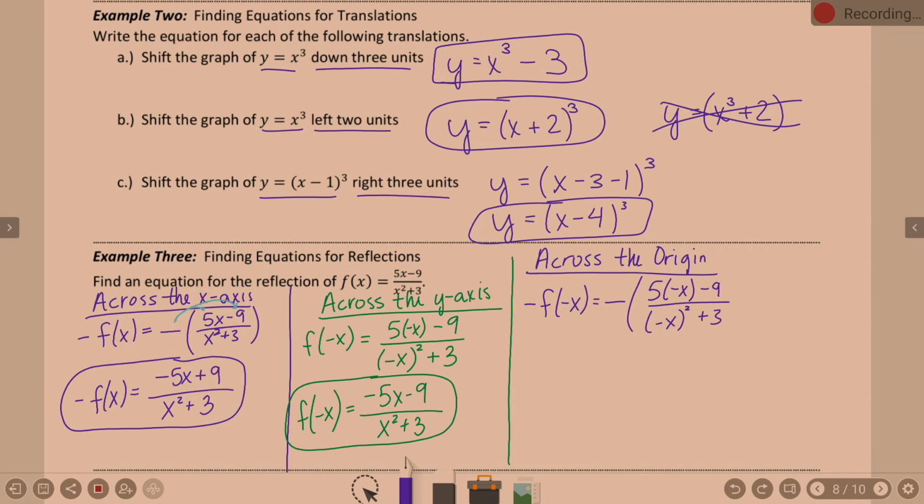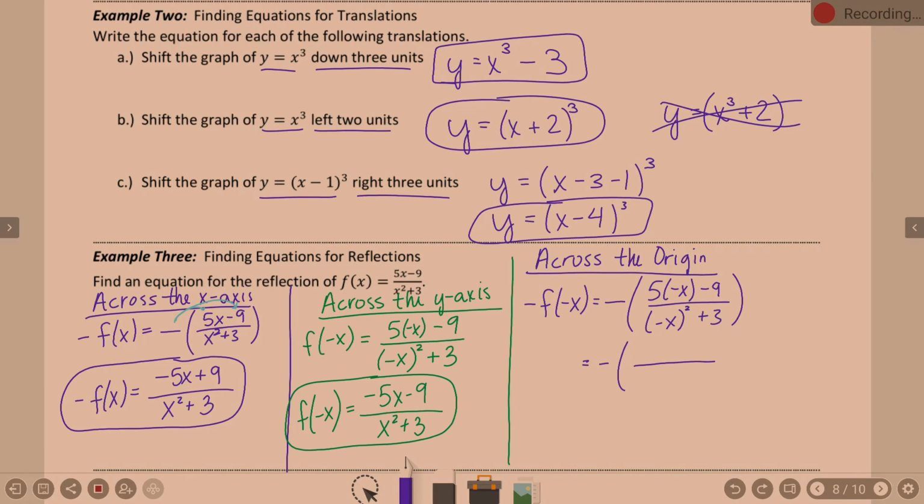Could you technically just take the f of negative x, the one we just did across the y-axis, and multiply by a negative? Now I'm showing it all, doing both. But yes, could we have just taken our across the y-axis answer and multiplied by a negative? Yes, because essentially that's what I'm going to do. I'm going to tell you to leave that negative out front for right now and clean up inside the fraction first.